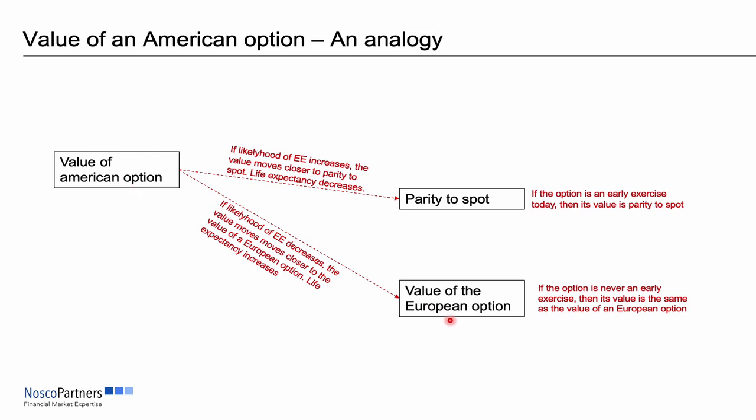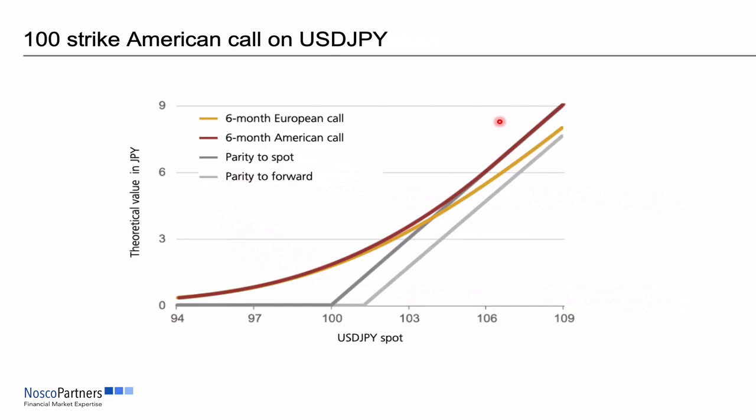And you remember when we said volatility goes up means this option jumps up and this option jumps up as well. But now they are much closer to each other. So I think this is quite a nice analogy how you can keep in mind and visualize what's happening to the value of the European and the American options.